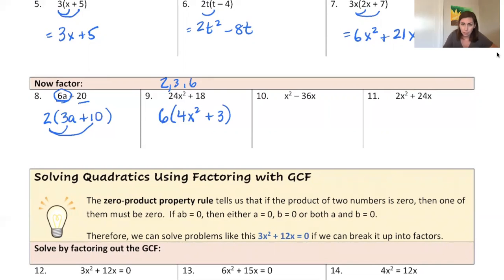All right, number 10. This one has an x in both terms, so I'm going to factor that out. And then the last one, I keep forgetting my little equal signs there. And the last one looks like I have a 2x that I can factor out. And that'll leave me with x plus 12.